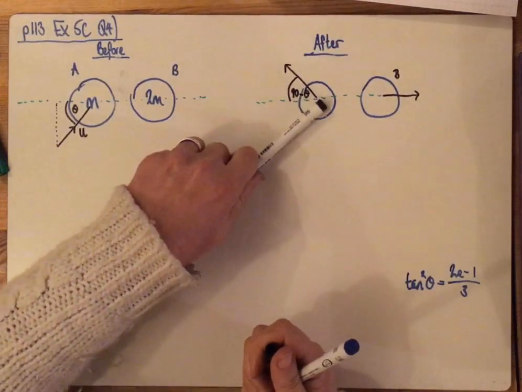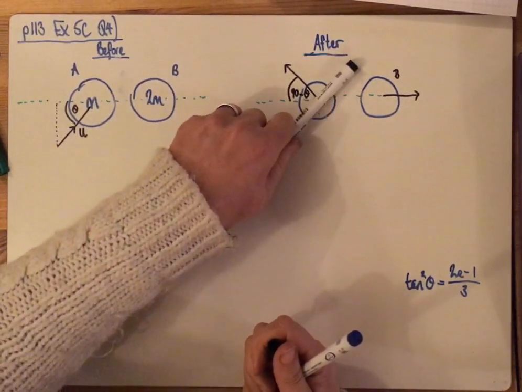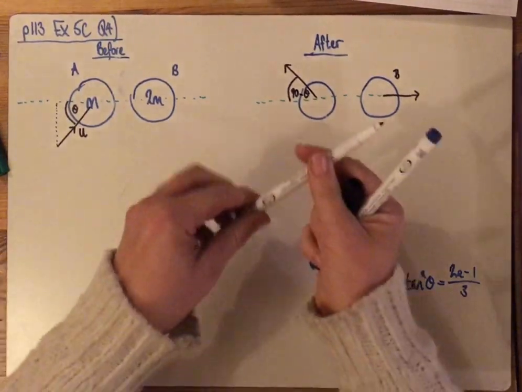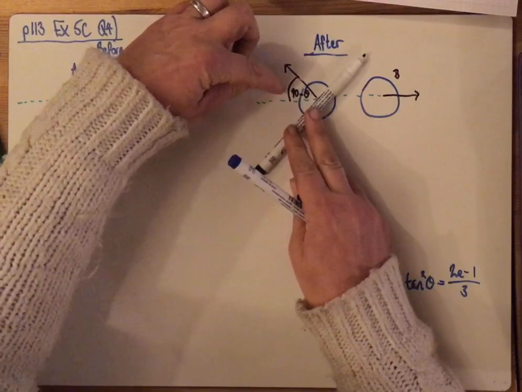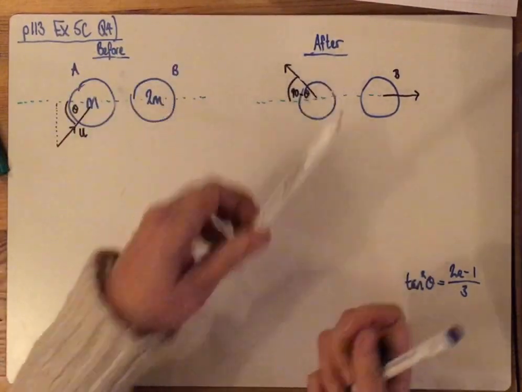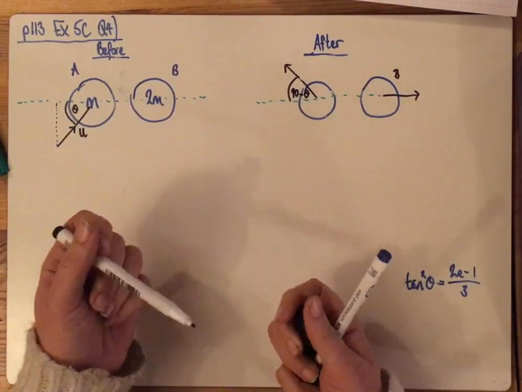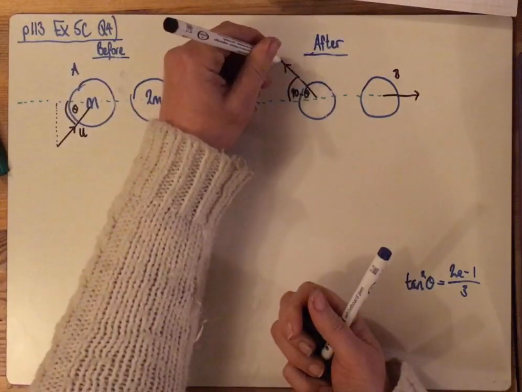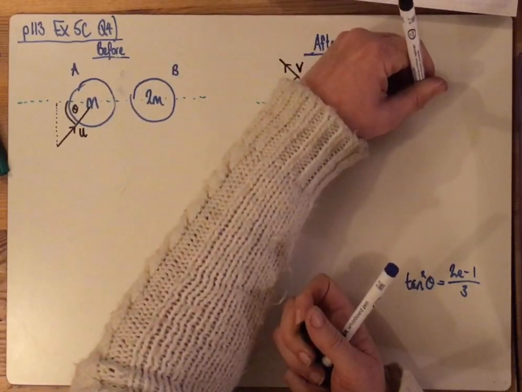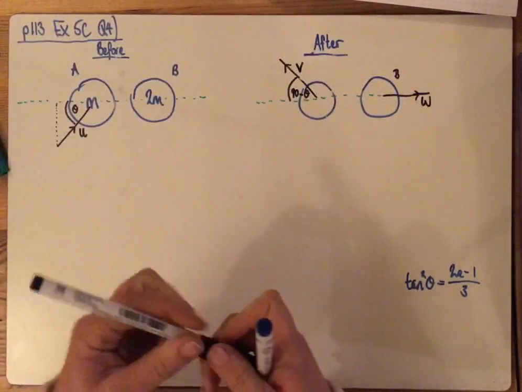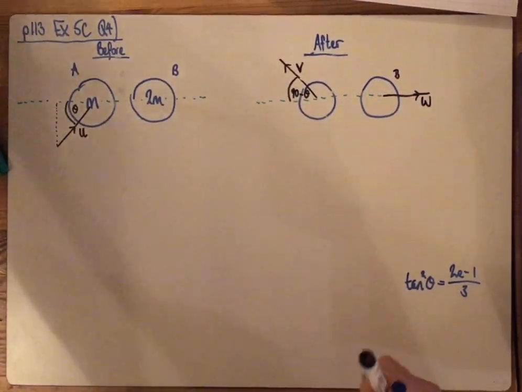I haven't drawn my diagram amazingly well, but that's the 90 degrees, that's theta, which makes that bit there 90 minus theta. That's going to prove really useful in the question. So I'm going to call this one V and this one here W, but use your favourite letters.